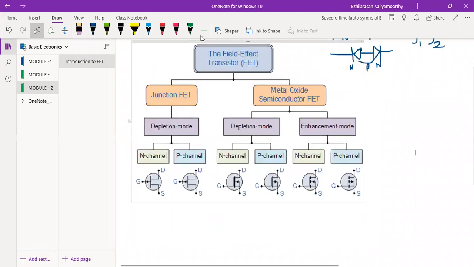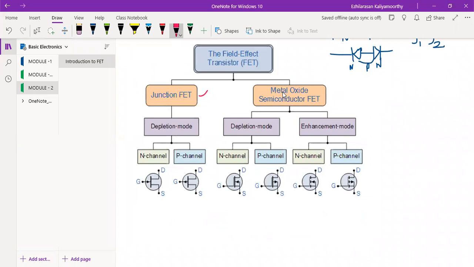The FET will be classified into two types: JFET, which means junction field effect transistor, and metal oxide semiconductor field effect transistor, which in short I can call MOSFET. The MOSFET is the metal oxide semiconductor field effect transistor.